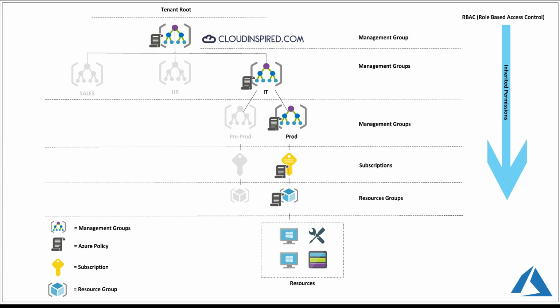Let's take a look at the hierarchy within this environment. At the top, we have the tenant root. Each Azure AD tenant is given a single top level management group called the root management group. This group is built into the hierarchy to have all the management groups and subscriptions fold up underneath it.